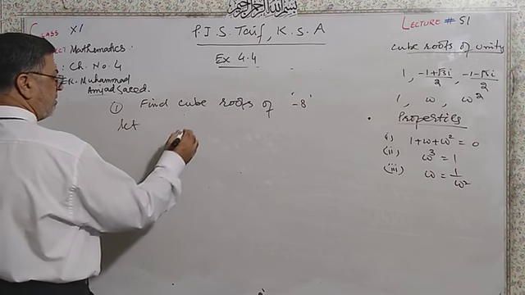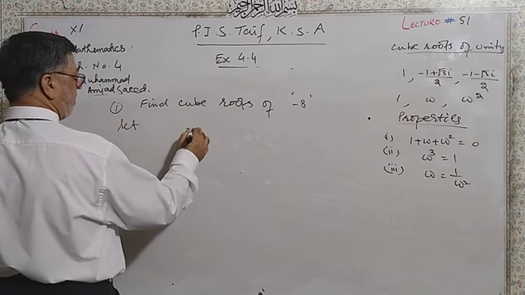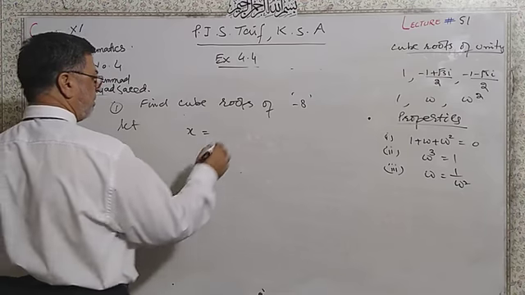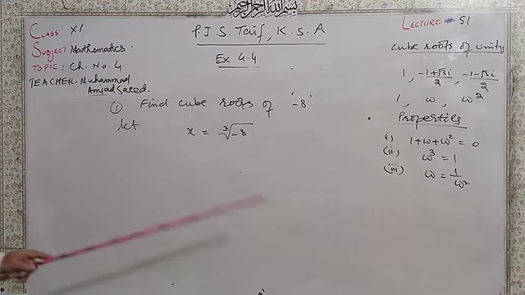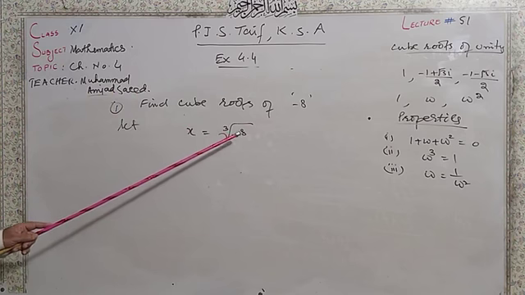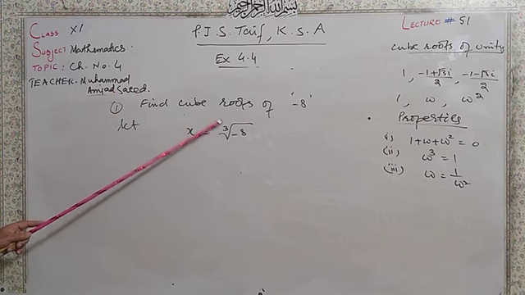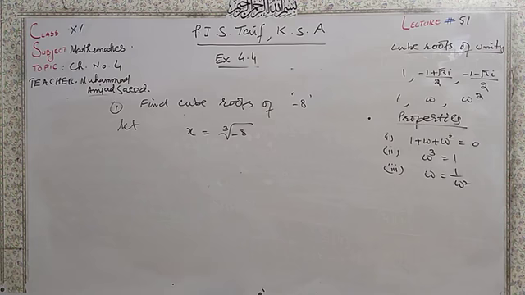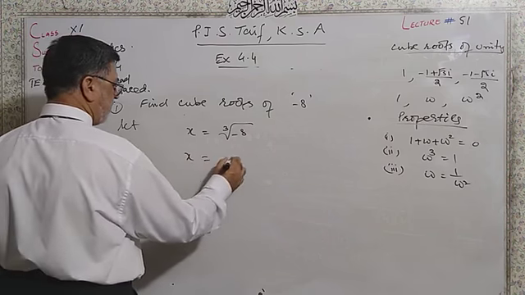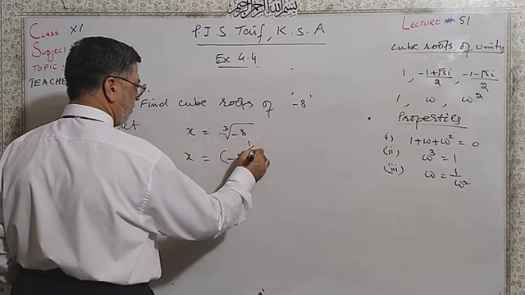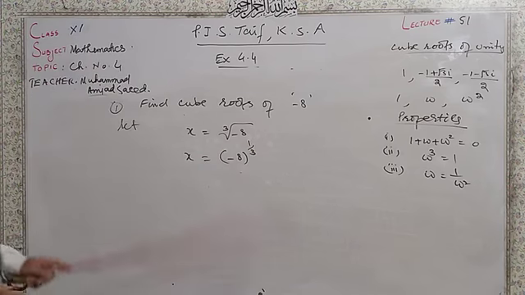Let x be equal to the cube root of minus 8. Here you have x is equal to minus 8 power 1 over 3. You know that cube root means power 1 over 3.